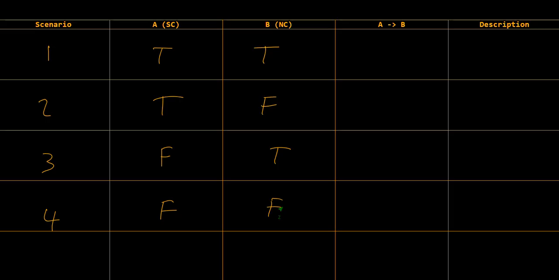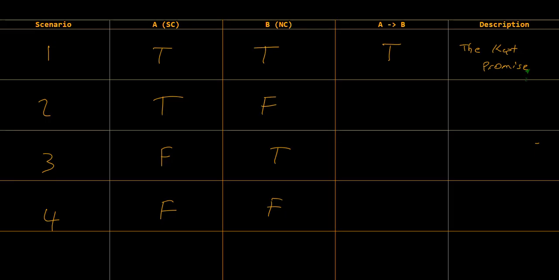So in scenario number 1, the conditional is satisfied, it's valid. And you can call this the kept promise. When the sufficient condition is true, the rule is triggered, the necessary must be true, and that's exactly what's happening in scenario 1.